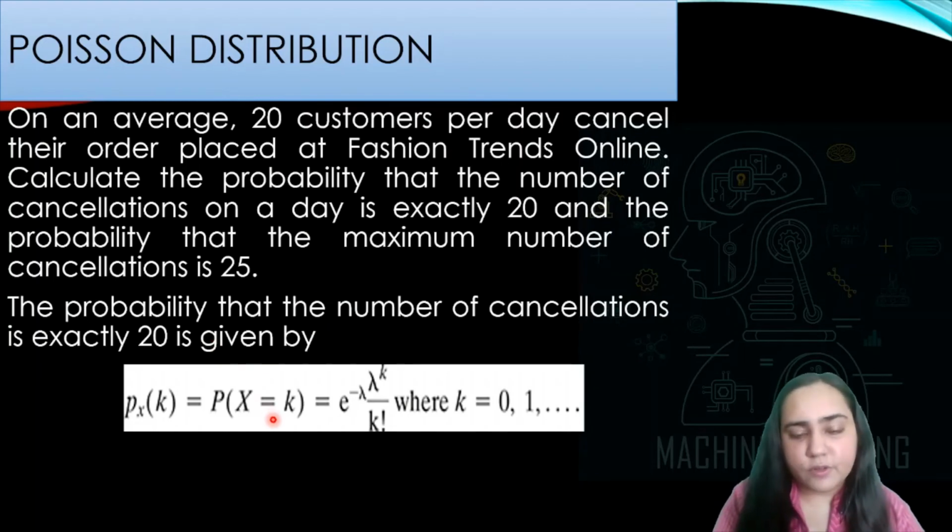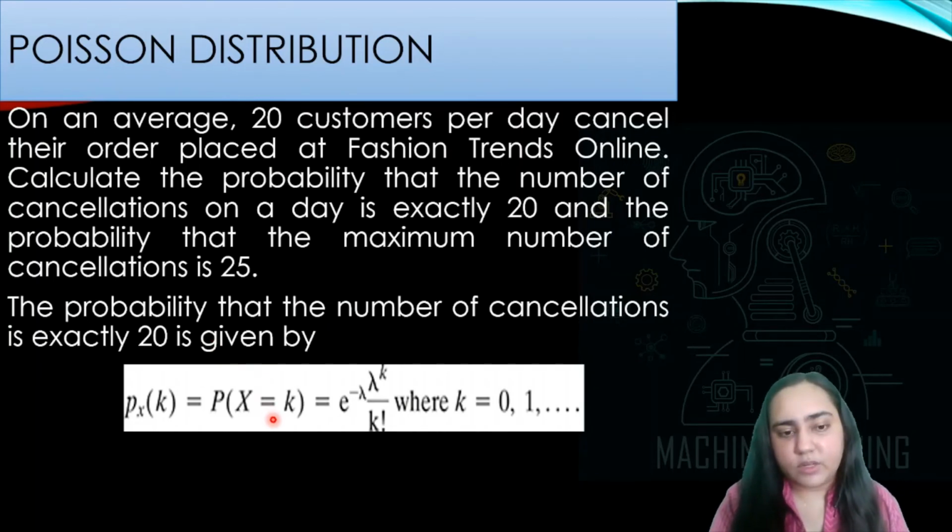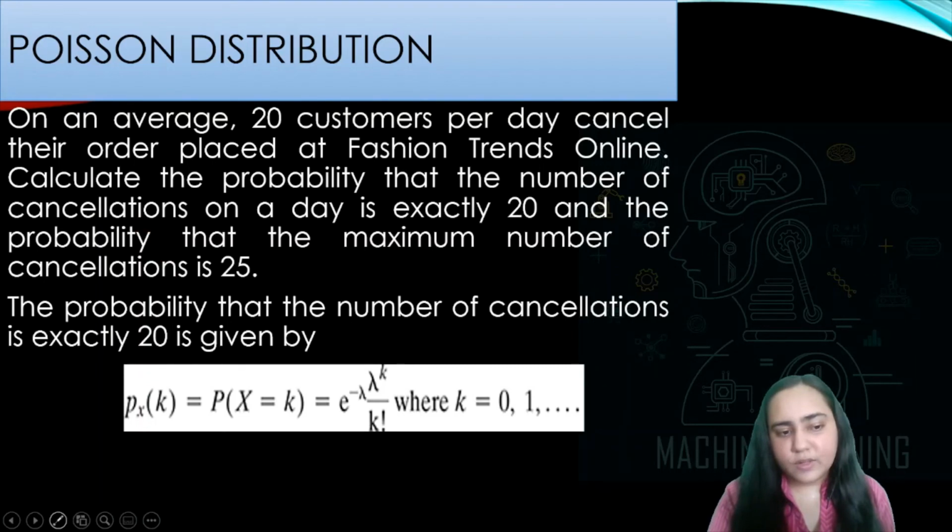For reference, I have provided this formula right here to calculate the Poisson distribution. To calculate this value, we need the value of lambda, which is already given as 20 because that's the number of customers per day canceling.